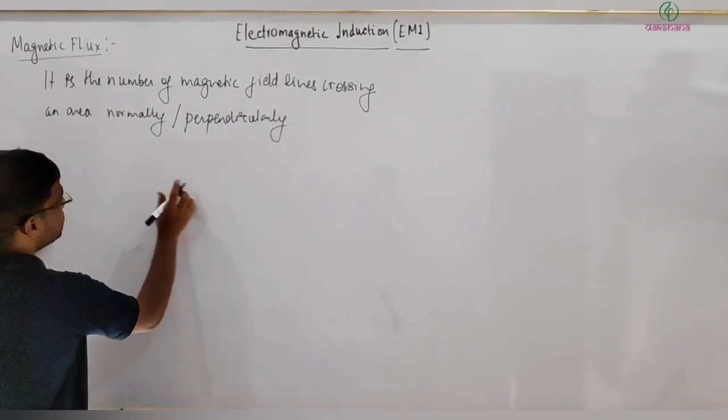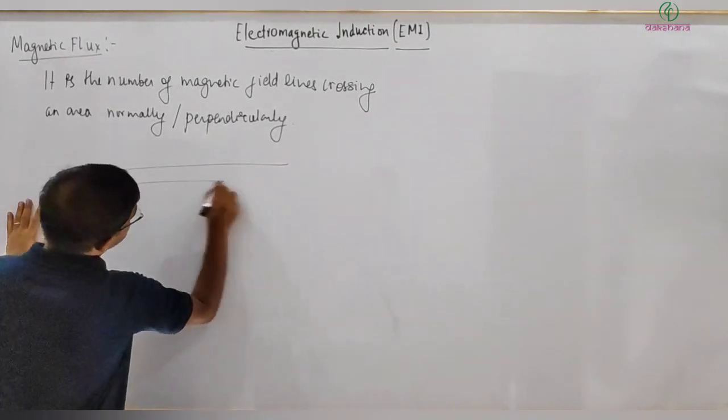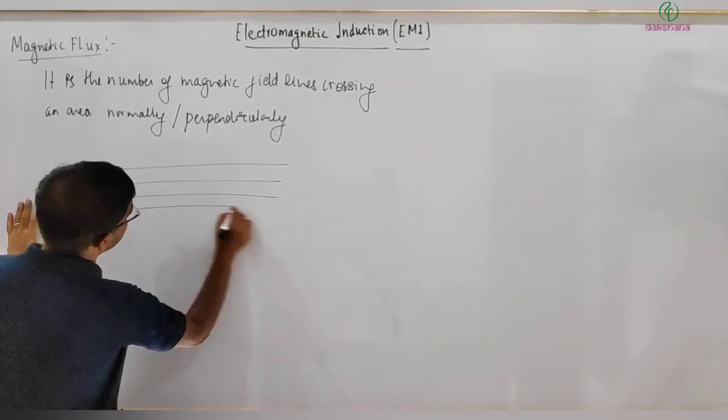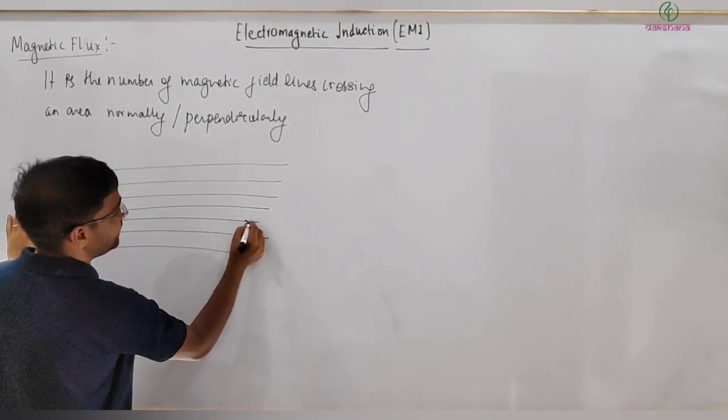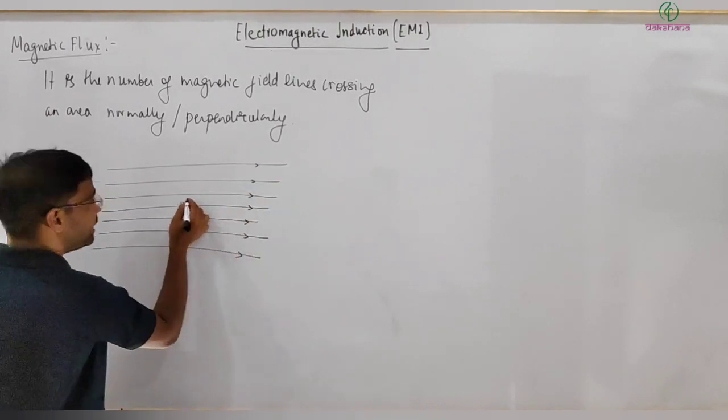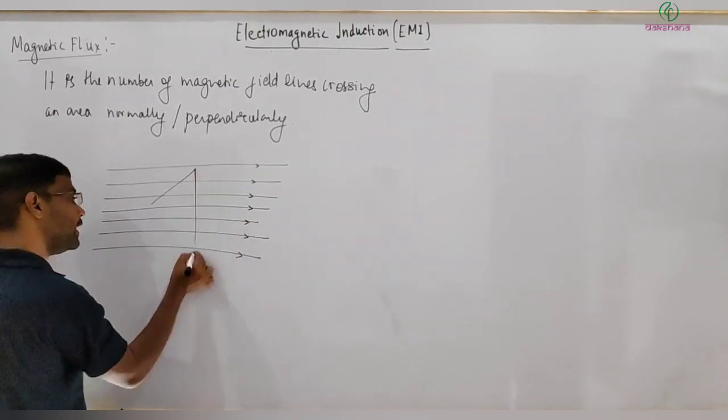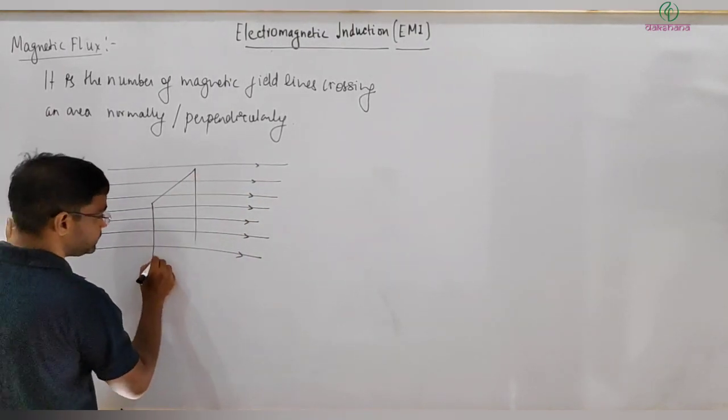So here, let's say in some space these are magnetic field lines, like this, and I am taking some area like this.